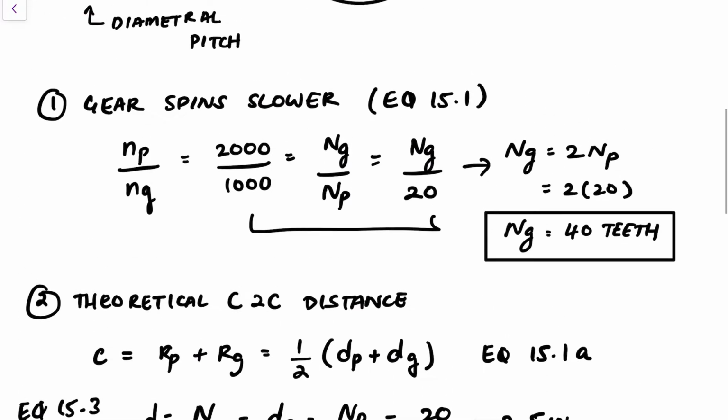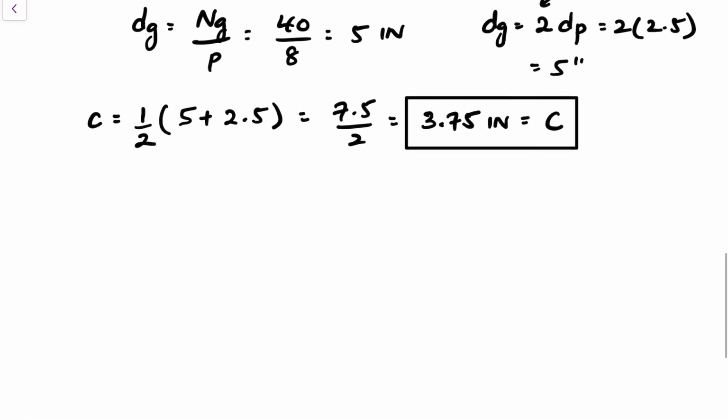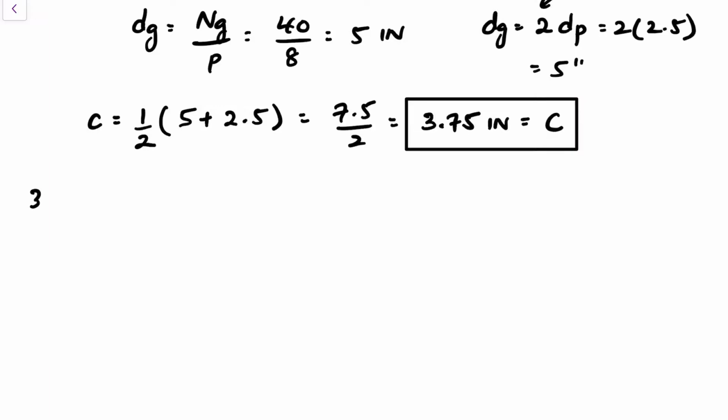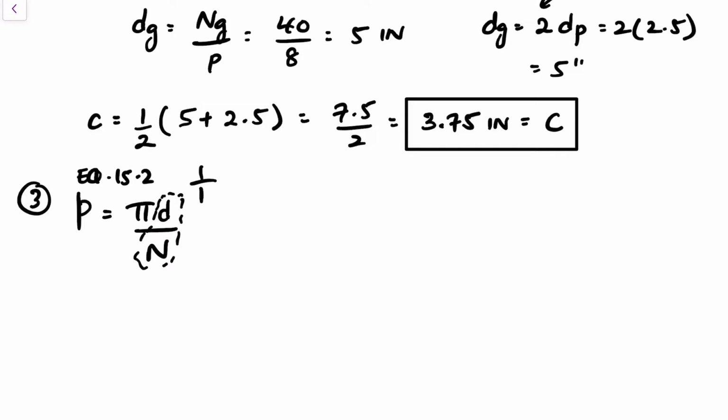And finally, we need to calculate the circular pitch. This is denoted by the letter small p. I usually denote that by leaving a little bit on the top to show that it's the little p. And this is equation 15.2, which states the circular pitch is equal to pi times d over n. And d over n is simply 1 over P, or m, which is the module.